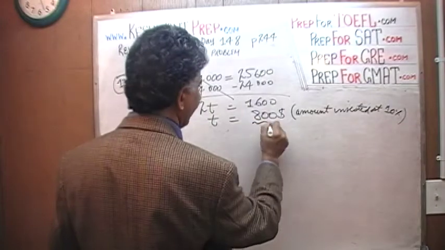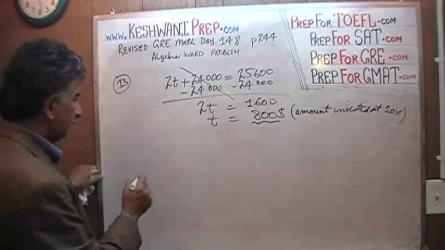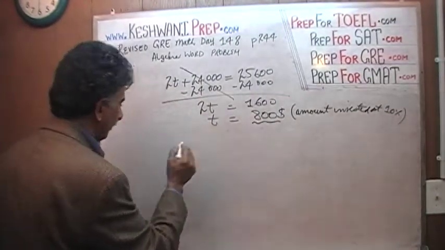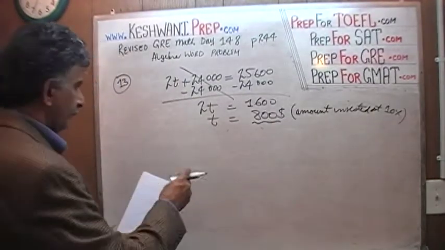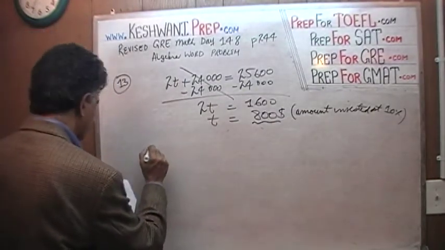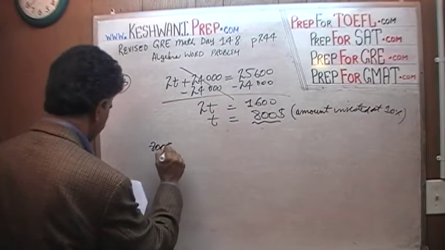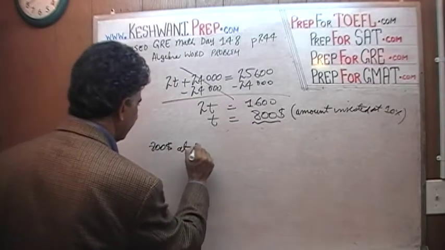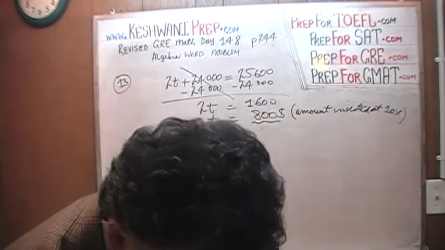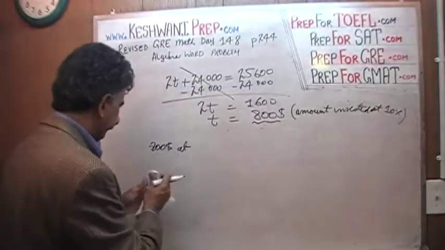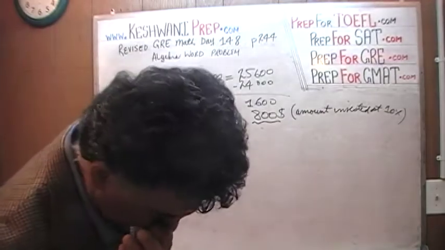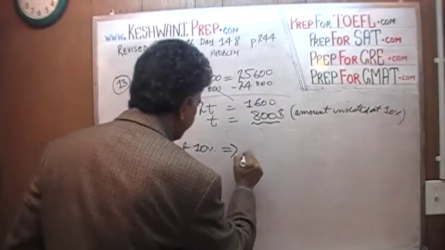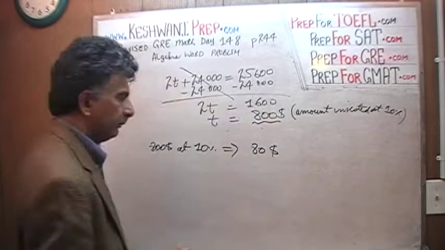If that's the amount invested at 10%, then 10% of 800. So $800 at 10% implies that we must earn $80 on the amount.